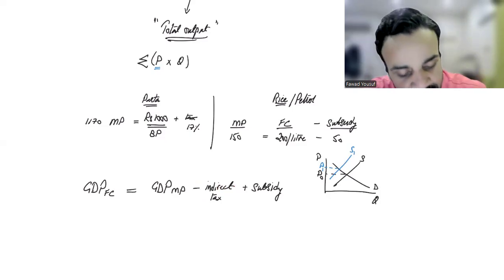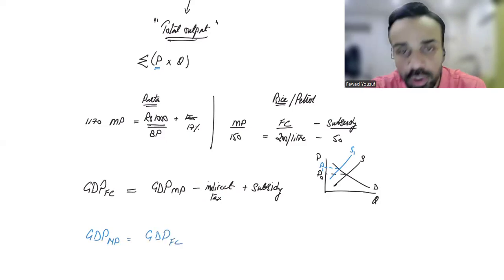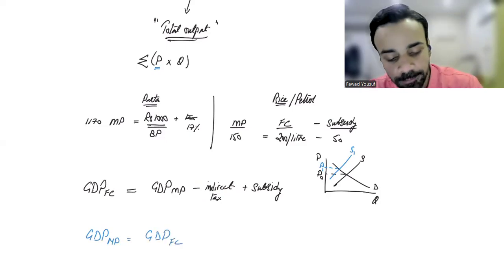ठीक है? And similarly, if they've given you the factor cost and they want you to calculate the market price, you know factor cost में तो अभी taxation लगा ही नहीं है.